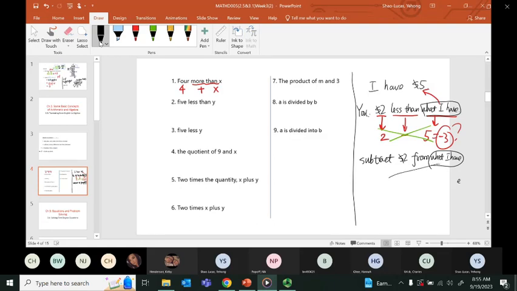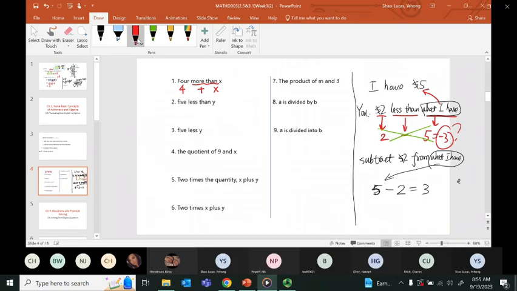So how much do I have? It's $5. Maybe just put $5. And then you take away $2 from 5, right? You have to start with that 5, what I have, and subtract the 2 to get $3. Okay, so in this case, the order does matter. We have to be very careful.